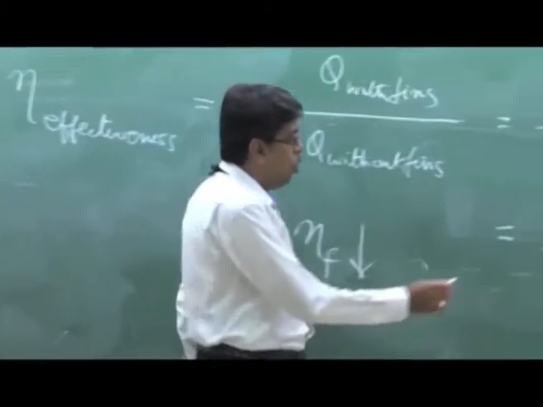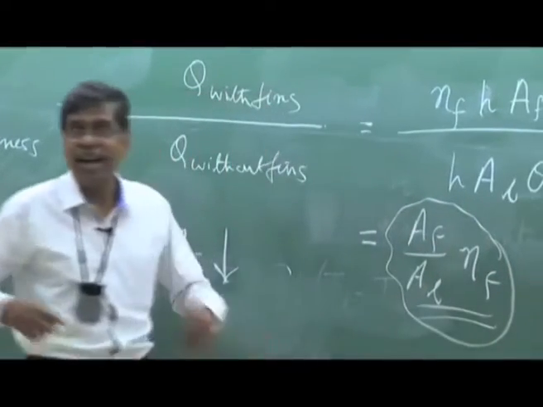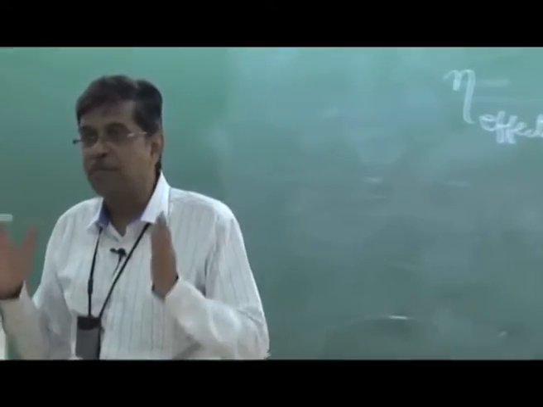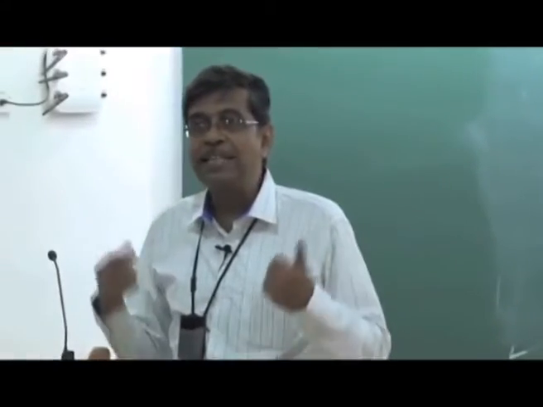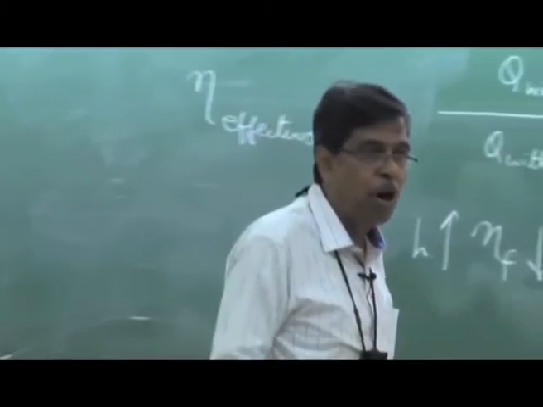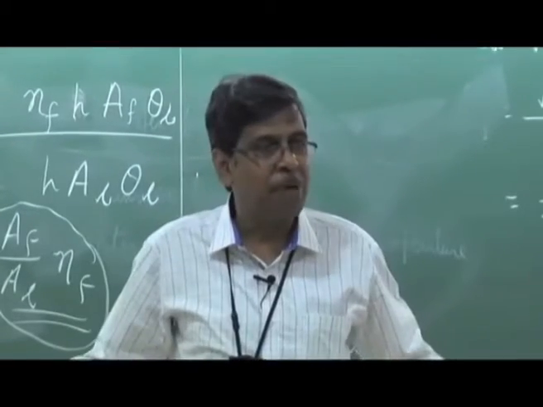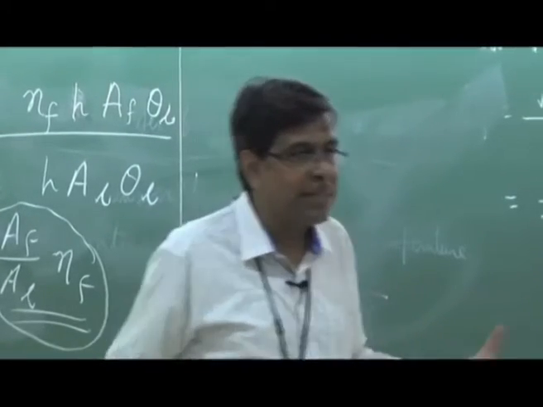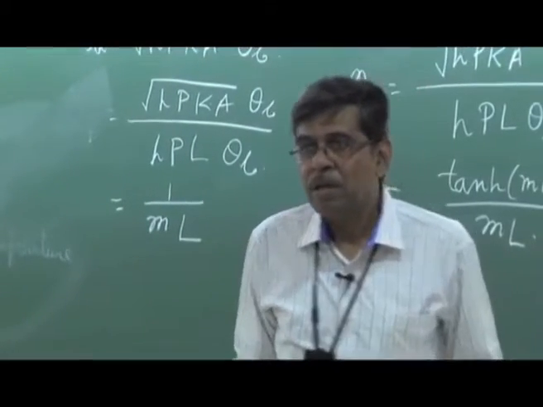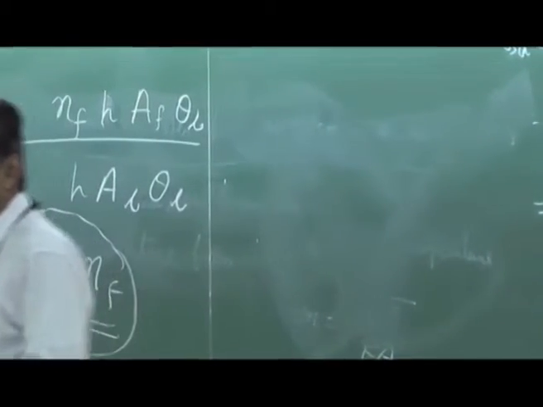So therefore, one has to judge this. But without going for any detailed analysis, which is beyond the scope of this class, I tell you as information that where h is high, usually fins are not provided because of low eta, and we cannot provide a very large surface area because not only the cost but the space is a requirement where I am installing this equipment with fins.